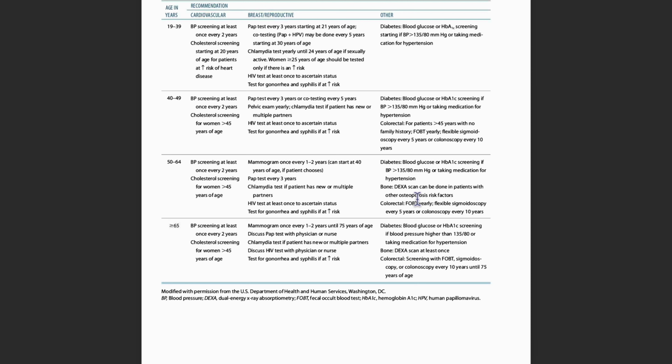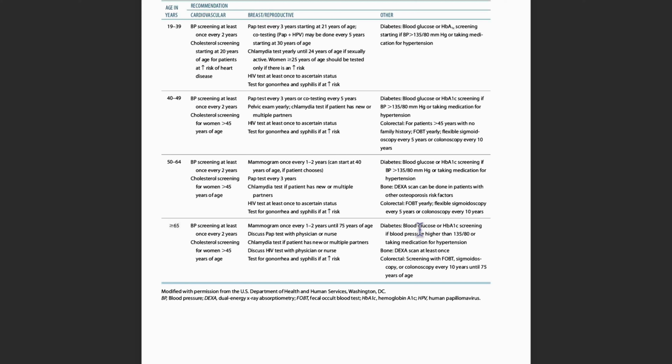after 65. Mammogram once every 1 to 2 years until 75 years of age. Discuss Pap test with physician or nurse. Chlamydia test if patient has new or multiple partners. Discuss HIV test with physician or nurse. Test for gonorrhea and syphilis if at increased risk.